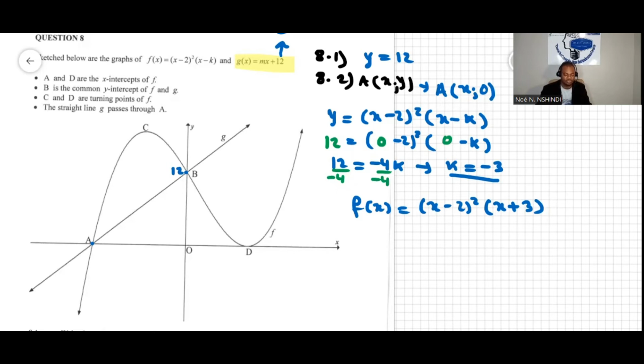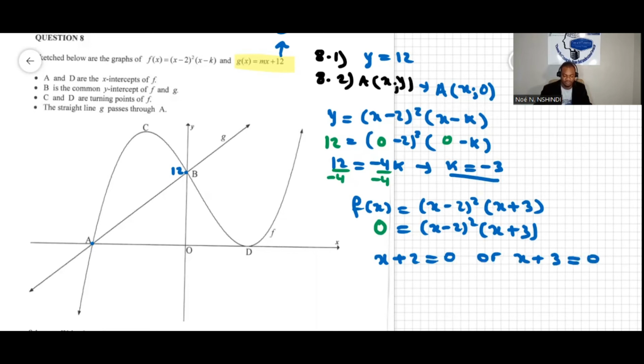Now, at this point here, A being the x-intercept, I want to substitute y by 0. So f of x is 0 here. And then this will make 0 equal to x minus 2 to the power of 2 times x plus 3. This is true if x minus 2 is equal to 0 or x plus 3 is equal to 0.